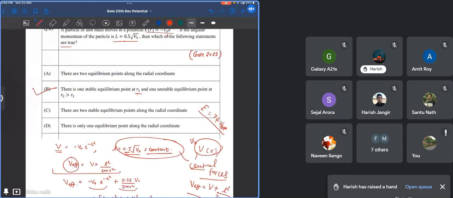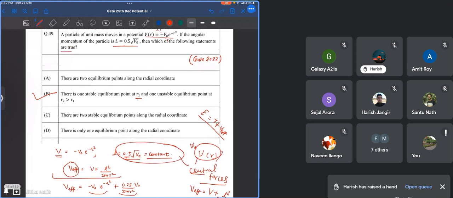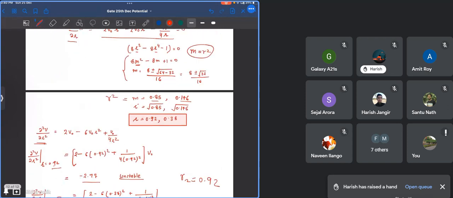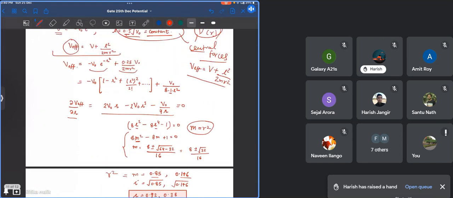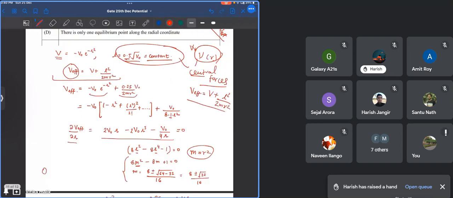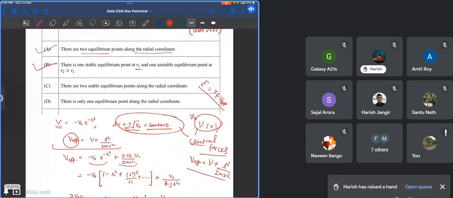For the other answers: there are two equilibrium points along the radial coordinate. Yes, this is also correct, since your values are in terms of R. You do not have any theta coordinate here, so that's why you have only the radial coordinate.